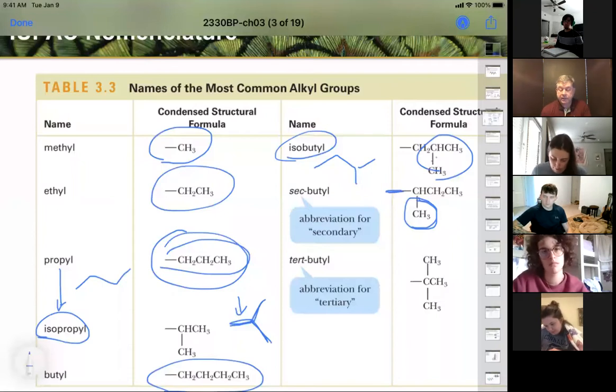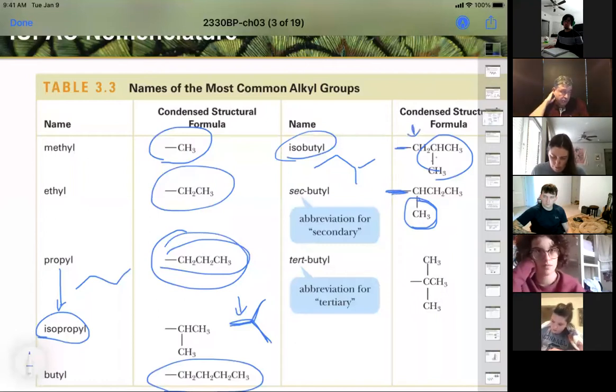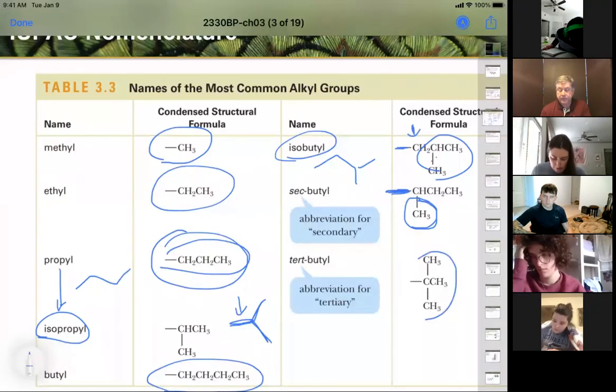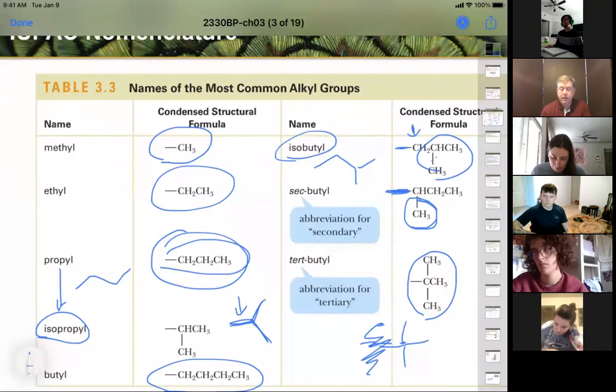The reason is the carbon bonded to the main chain is considered primary here, but it's secondary here. I'll talk a little more about that later. And if we have a different isomer where 3 different things are bonded to the carbon bonding to the parent chain, we call that tert-butyl, or tertiary.